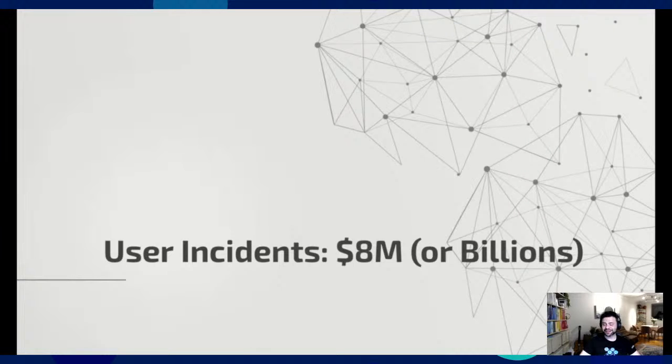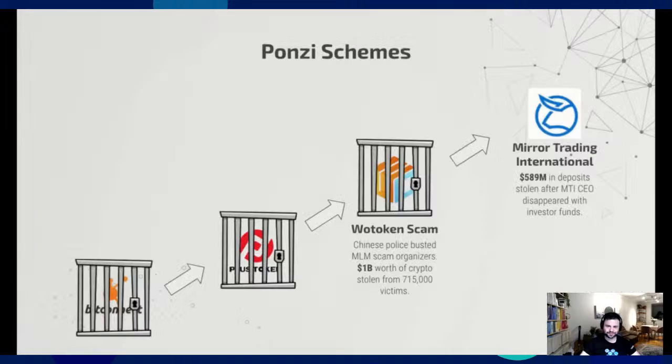Let's look at users. User incidents last year resulted in a loss of $8 million, or billions if you start considering all the scams and Ponzi schemes. But we'll focus on just the technical side of it. We're not going to talk about scammers just using cryptocurrencies in their usual schemes. With Ponzi schemes in general, we're talking about billions of losses.